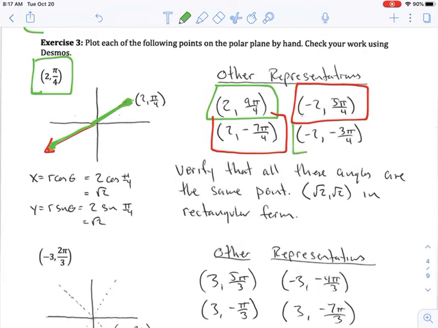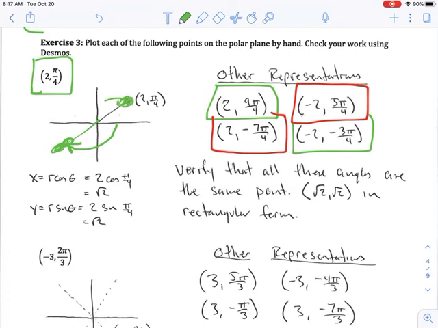And likewise, we have negative 2, negative 5 pi over 4, or negative 3 pi over 4. So where's the angle negative 3 pi over 4? Well, negative 3 pi over 4 would be going over to this point in this direction, but then having a negative radius, instead of being down here, it's going to go up there.